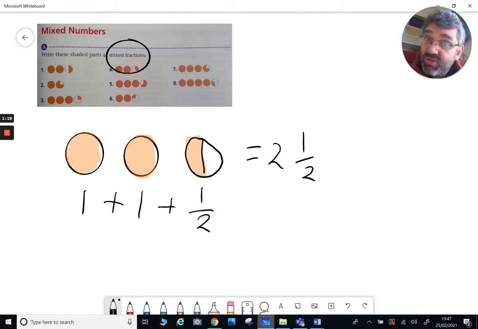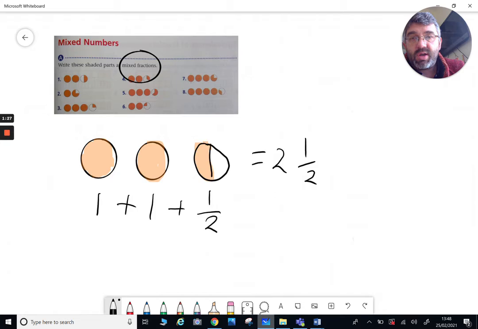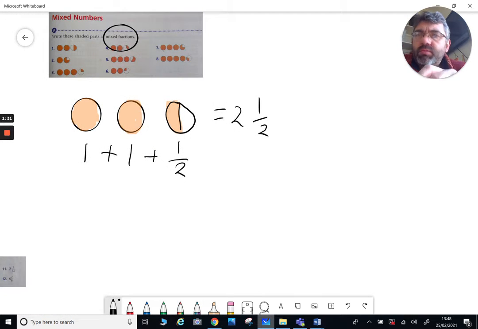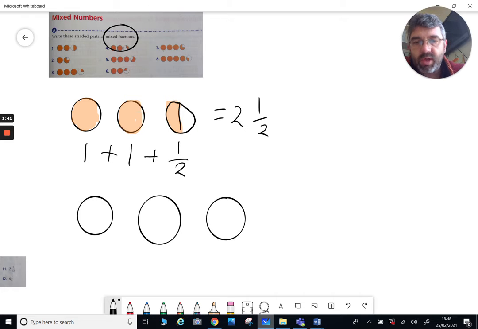But we're being asked here to write these shaded parts as mixed fractions. And actually, that's what we've just done. A mixed fraction means when you've got a whole number and you've got a fraction with it, okay? So let's have a quick look at another, so we can make a little bit of space here. So let's have a look at, let's say number 6, okay? So you've got a circle there, and a third circle there, okay?